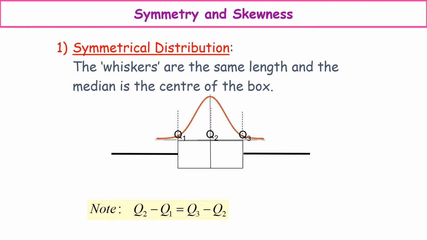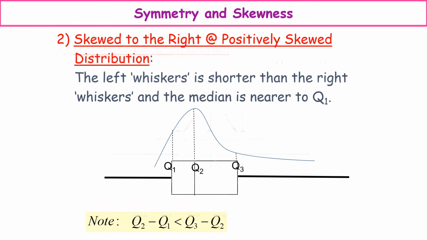When the whiskers are the same length on the left and right, and the median is the center of the box, we say this is a symmetrical distribution. Note that Q2 minus Q1 is the same as Q3 minus Q2. When the left whisker is shorter than the right whisker, and the median is nearer to Q1, we say this is skewed to the right or a positively skewed distribution.